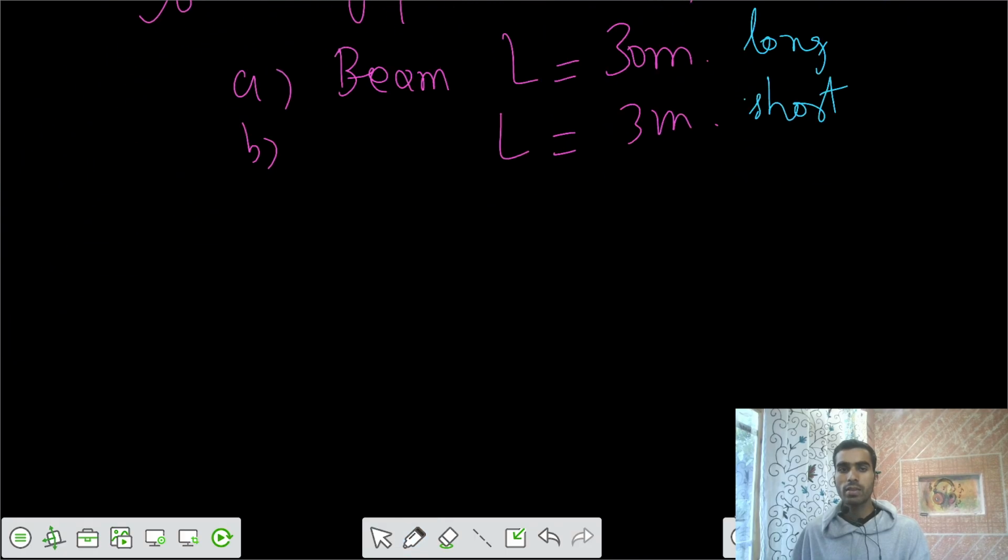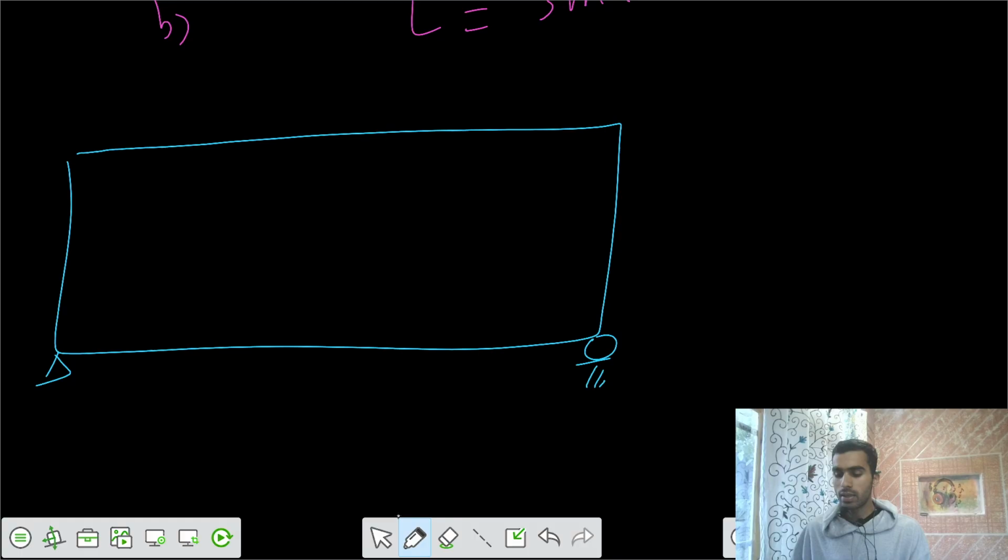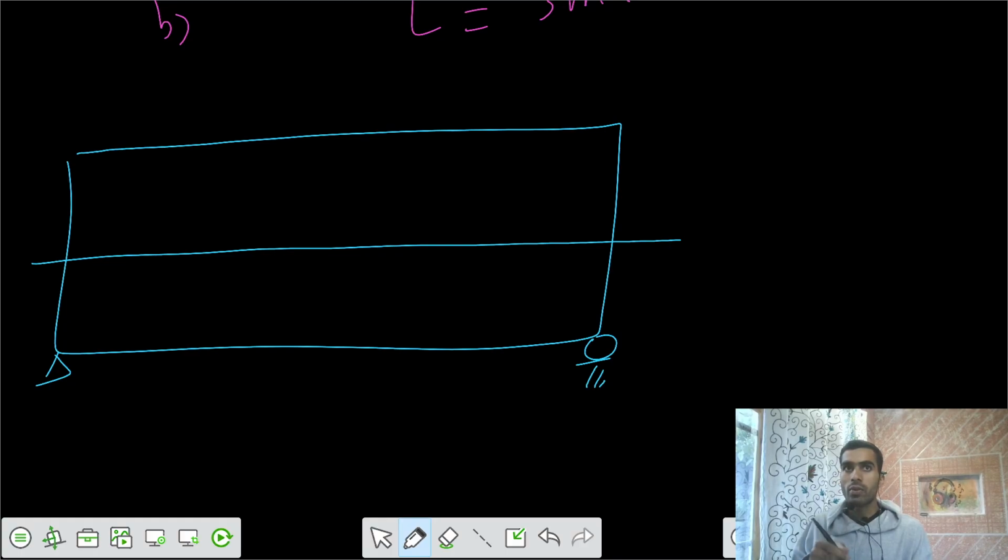Let's take the first case. This is your beam, a simply supported beam, and let's say the cable is straight. We don't care about the cable. There is slip at the jacking end. That slip happens when we try to anchor the wire.